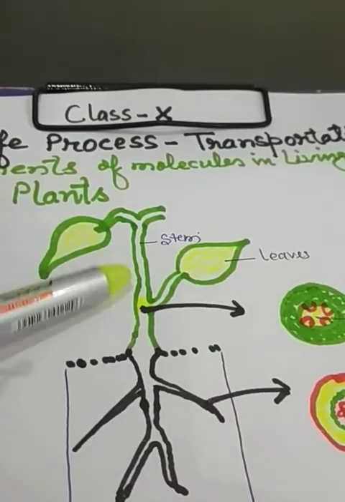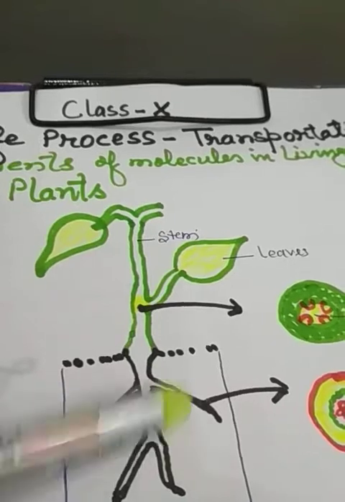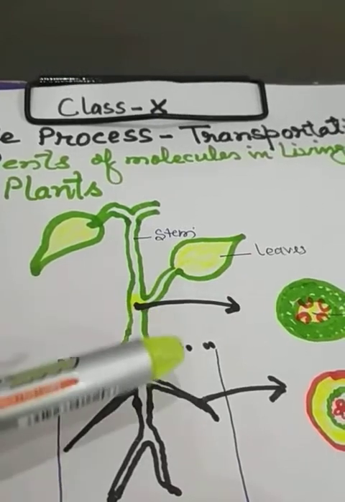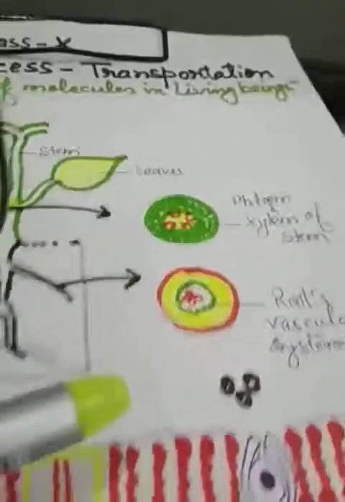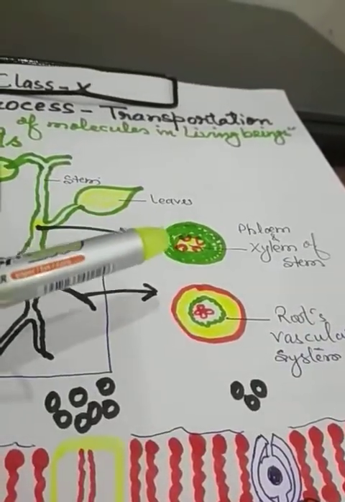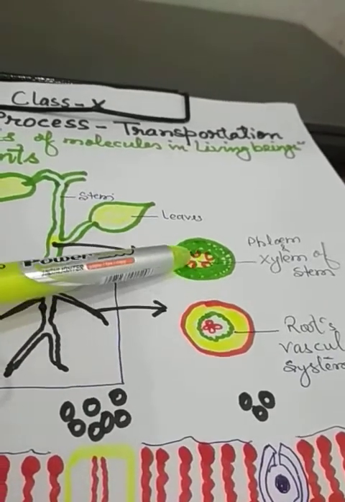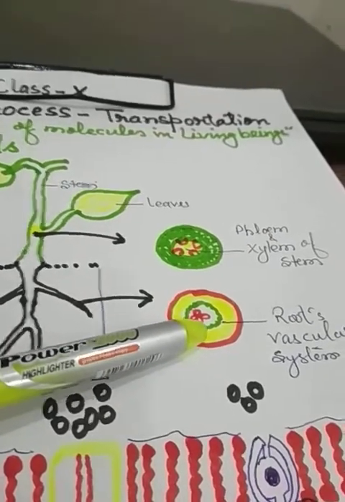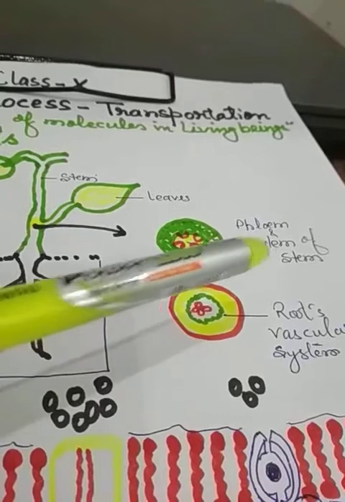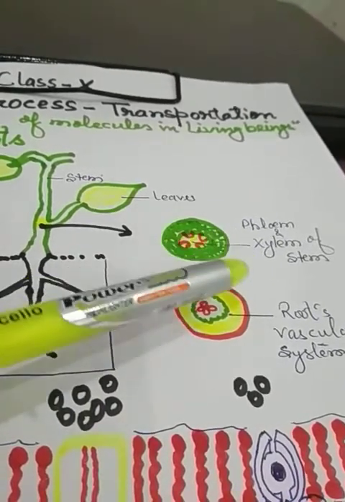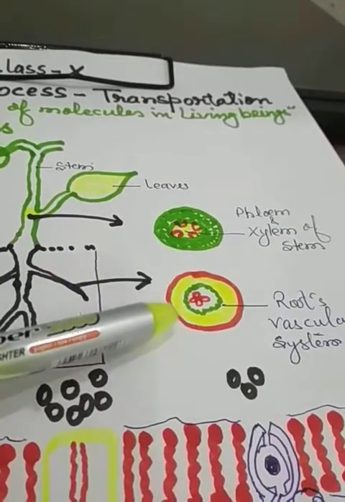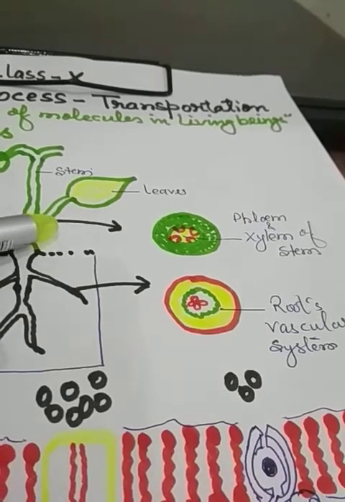In these three parts, if you cut a section, you will see the vascular bundles like this in the stem and like this diagram in the roots. Vascular bundle means xylem and phloem. Xylem and phloem are the vascular bundles found in roots as well as in the stem.